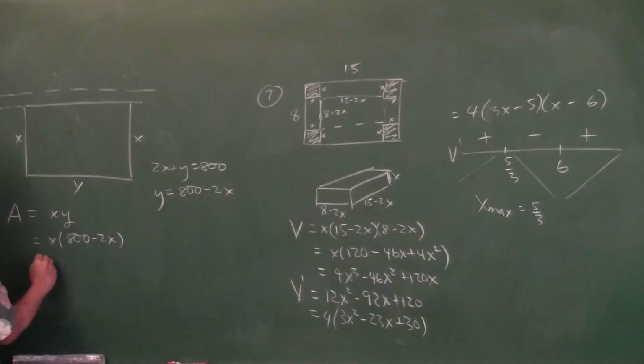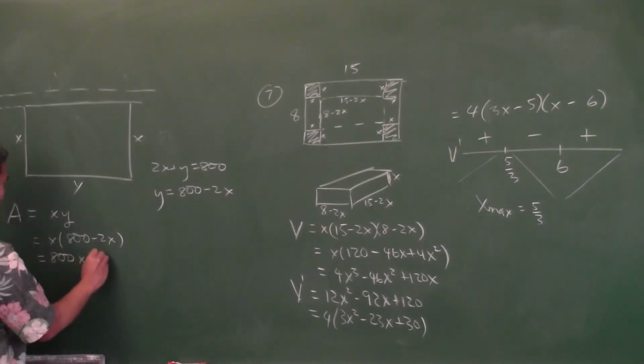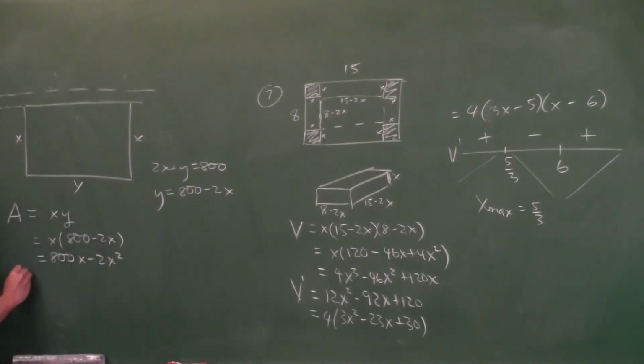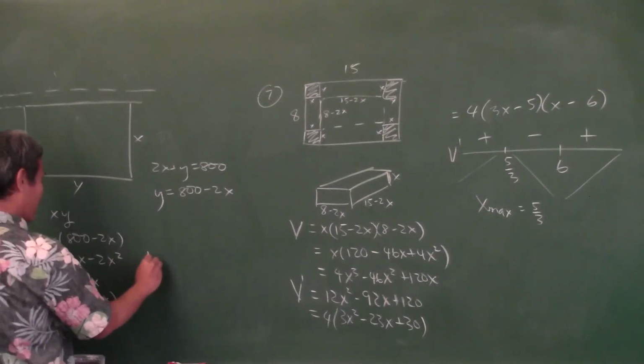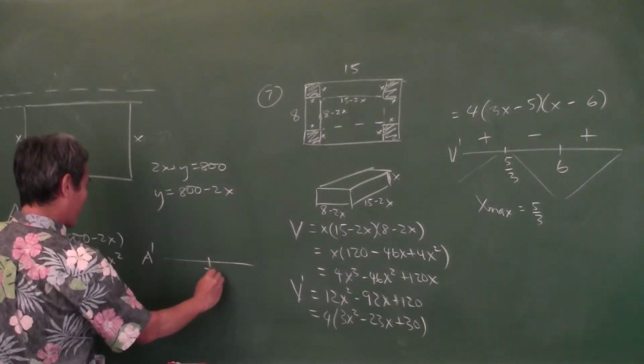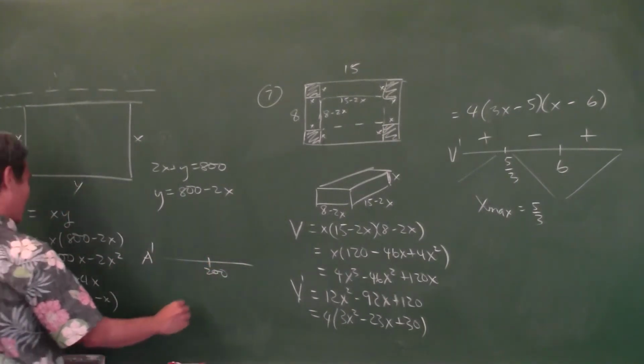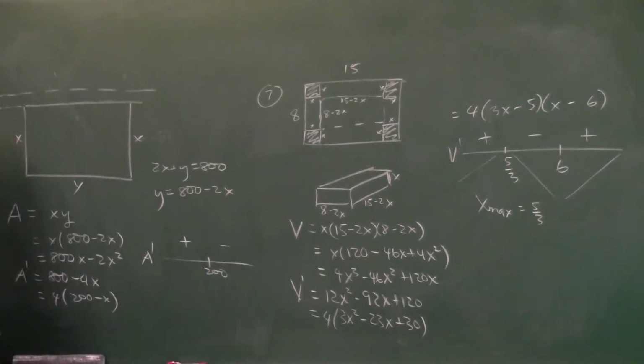Okay, so shall we multiply it out then? Because you guys don't like product rule. Take the derivative and you got 800 minus 4x. Come on, that's senseless. 200 minus x. So when you make your number line, 200, and then it's going to be minus plus.